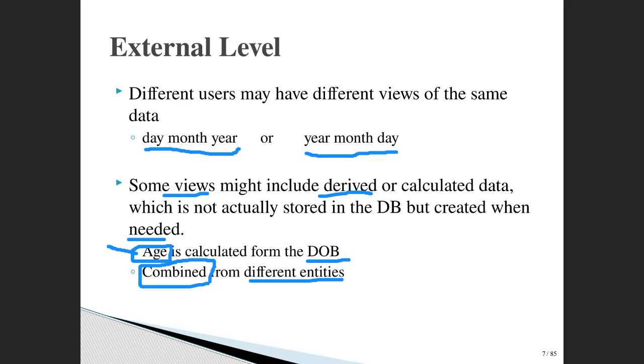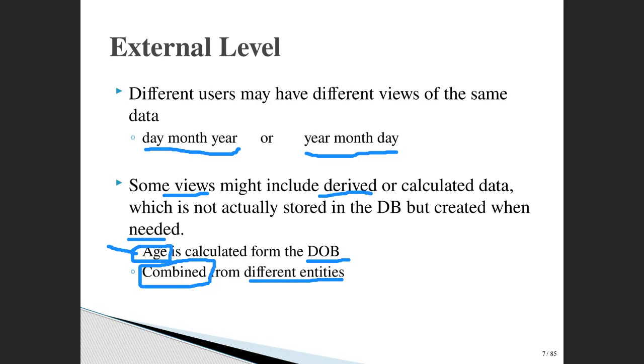Some other views are combined from different entities. For example, let's talk about if we have first name, second name, last name, or family name. These are separated in different fields. So first name is in one field, second name in another field.